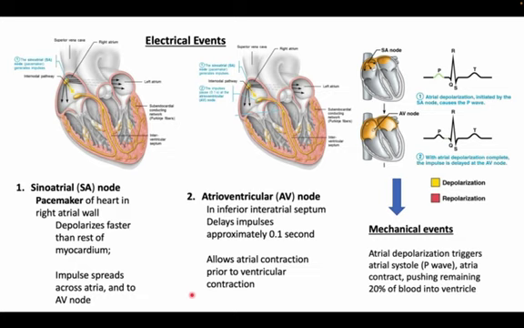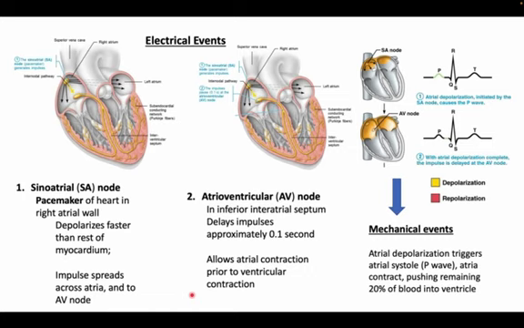Okay, and the SA node sets up the impulse with which the cardiac cycle will happen, right? And where will that spread to? To the AV node, right? From the atrium to the AV node. So now the atrium is ready to depolarize, right? The wave that we generate is which wave in the ECG pattern?